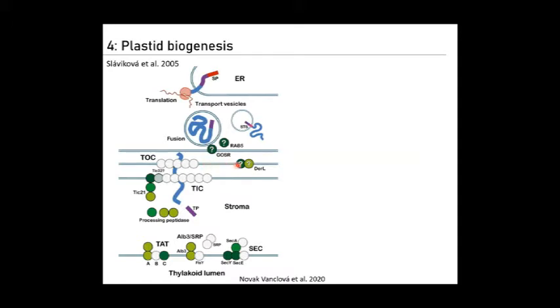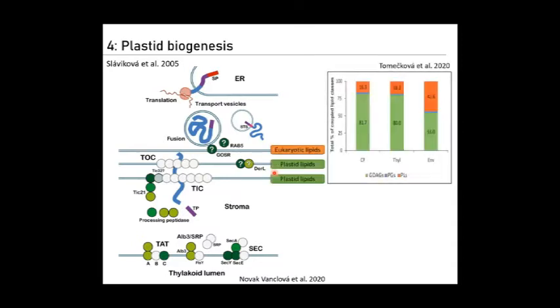But how the proteins cross the middle membrane is kind of a mystery because we don't see any TOC complex. But maybe, and that's a wild hypothesis, there are present Derlin pseudoproteases, analogously to the plastids of red algal origin.